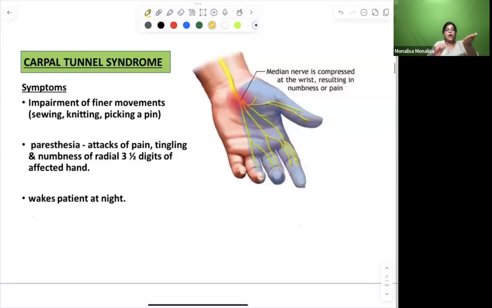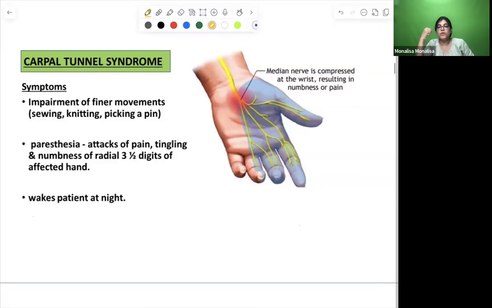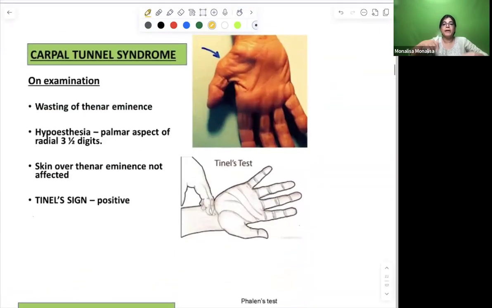If you tap on the anterior aspect of the wrist like this, what will happen? This is called Tinel's test, and the pain and paresthesia will increase due to increased compression of the median nerve. Tinel's test is positive. And if you tell the patient to dorsiflex like this, the reverse prayer sign, then what will happen?